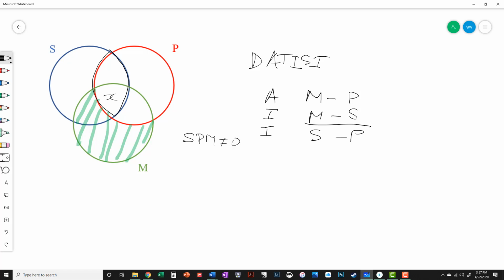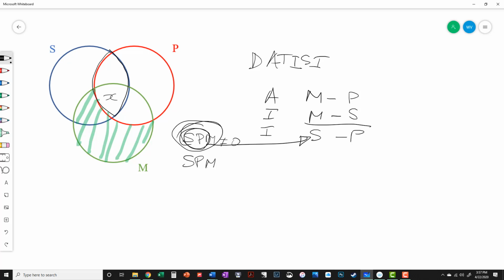And what we've just shown from those premises is that that region is non-empty. But it could have been that we had an object in that region, which is this one right here, and we don't know which is correct. Turns out that as long as there is something in SP, right, that's what that conclusion says, it doesn't matter whether it's in M or outside of M.